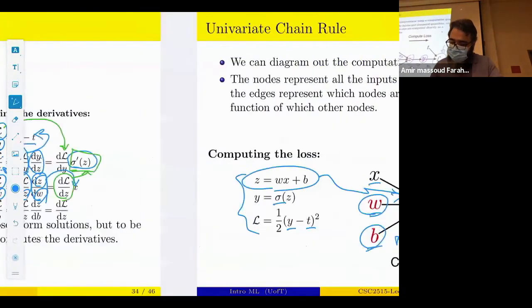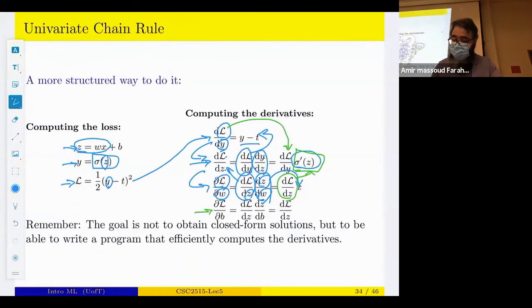And maybe one thing that I should mention here is that this computation... I lost the screen. Here the goal is not to find a nice formula for the derivative, but we want to compute the value of that gradient.